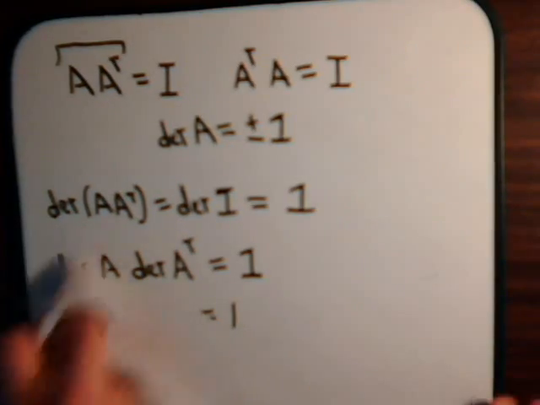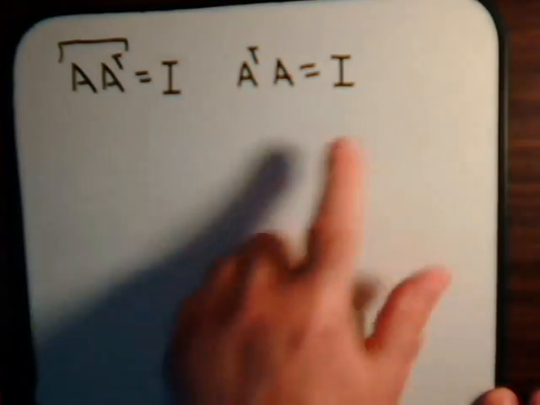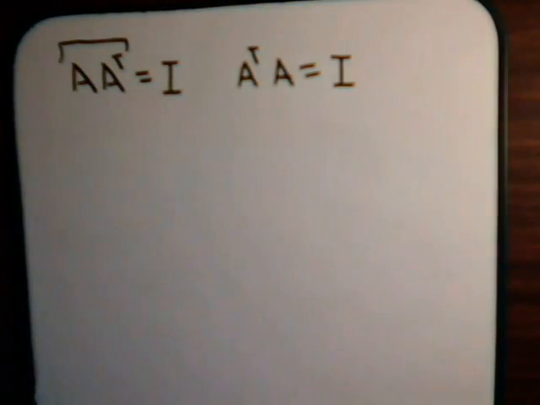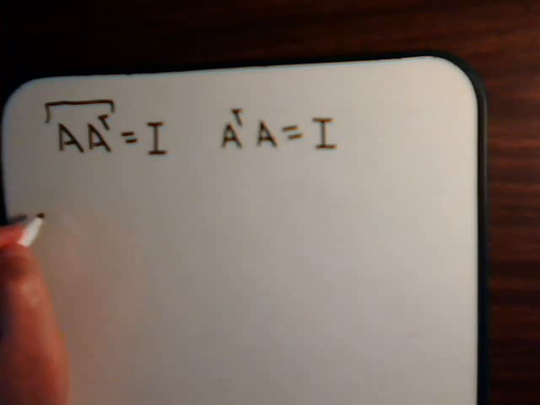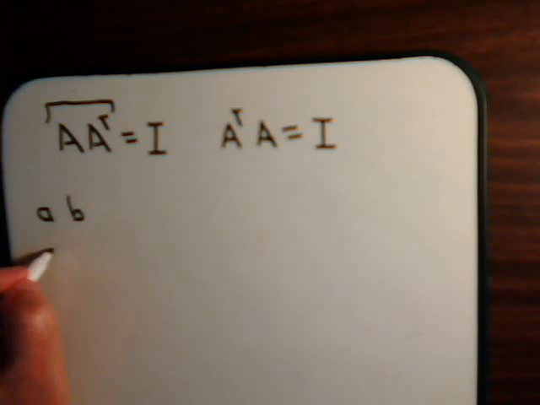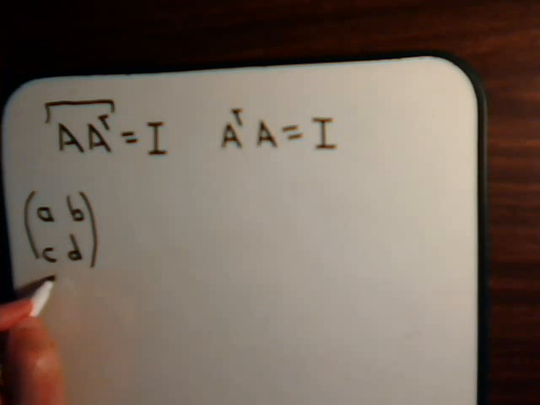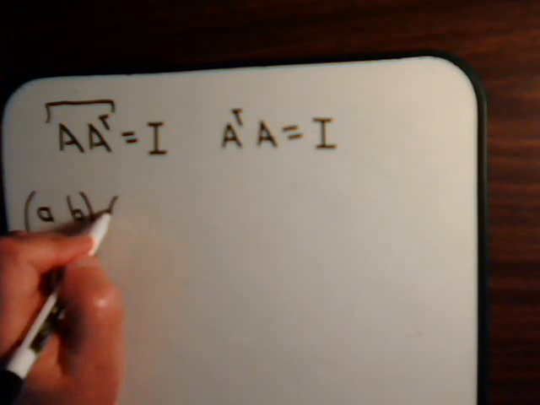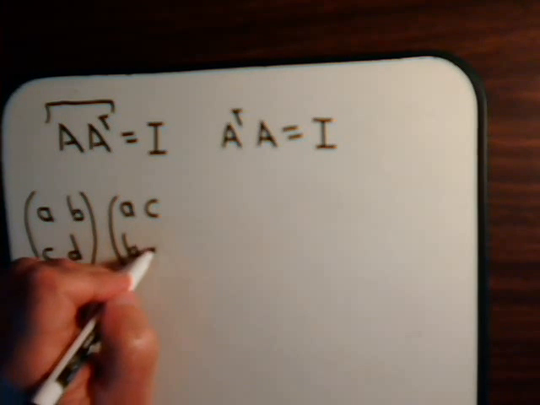Now, this is our formal definition, and we want to consider some of the implications of it. So, let's say that we have just a 2 by 2 orthogonal matrix. Say this is matrix A with components a, b, c, d. And then A transpose would be a, c, b, d.